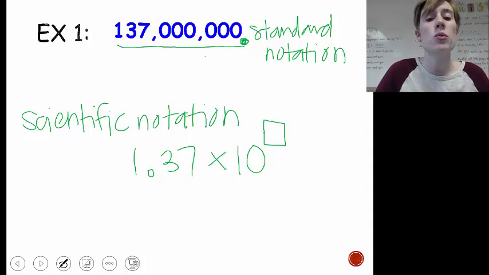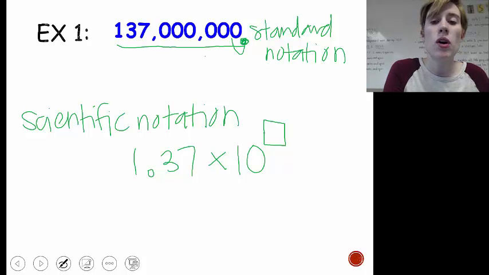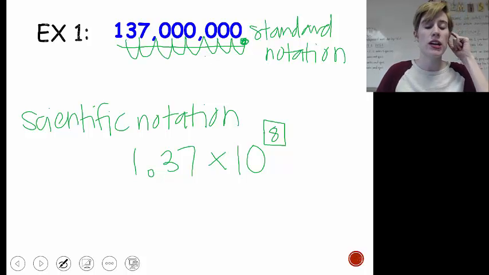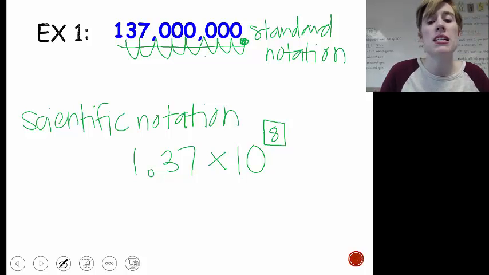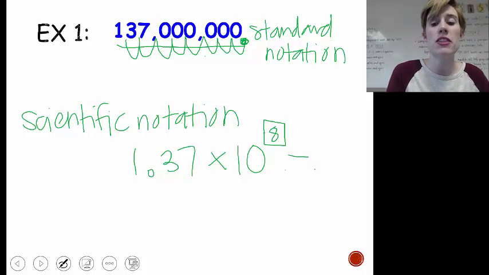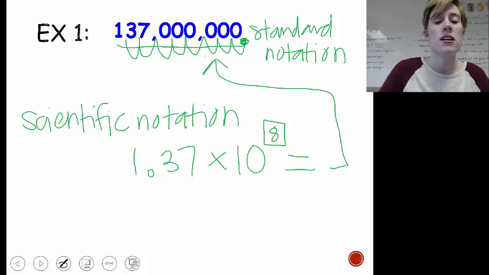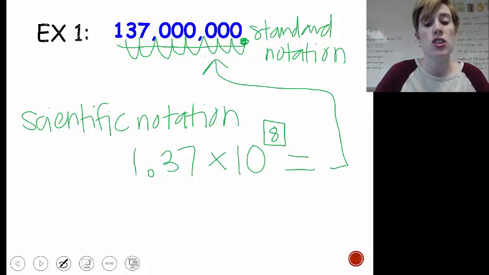That exponent value will represent how many times we had to move the decimal. So we're moving the decimal 1, 2, 3, 4, 5, 6, 7, 8 times. So we're going to put 8 as our exponent. So 1.37 times 10 to the 8th is actually the same thing as 137 million. It's just a shorter term to type out.